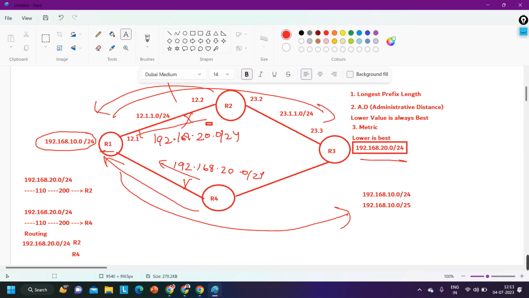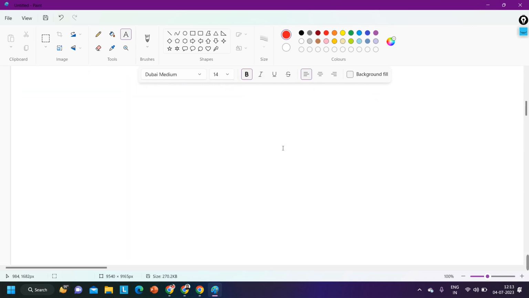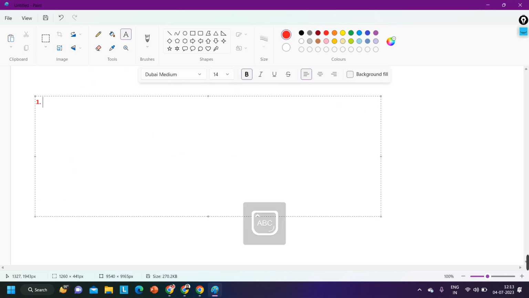Done. Now we have multiple types of dynamic routing protocol. First type of dynamic routing protocol is distance vector routing protocol. First of all, you should have knowledge about why we are using dynamic routing.